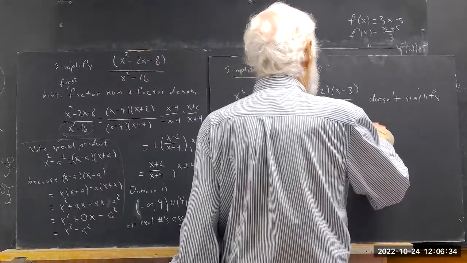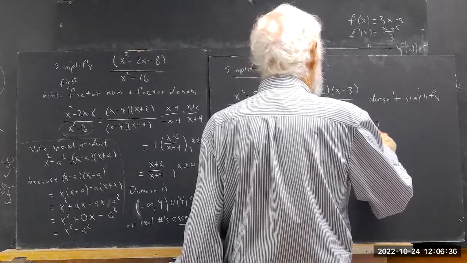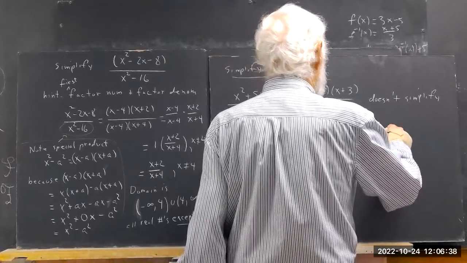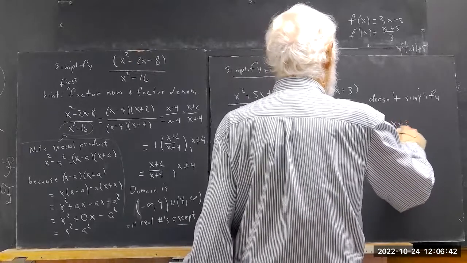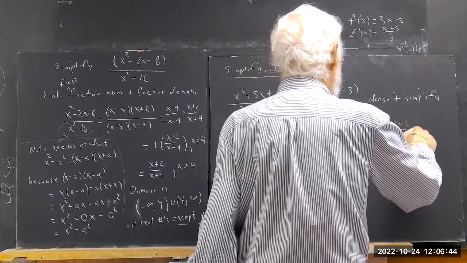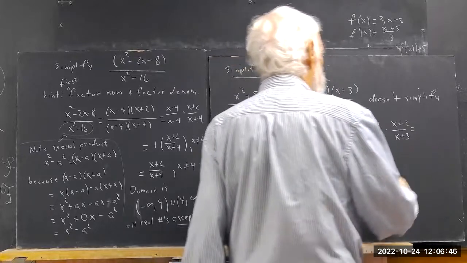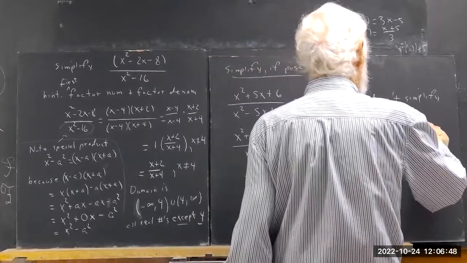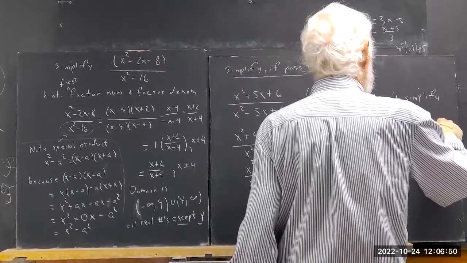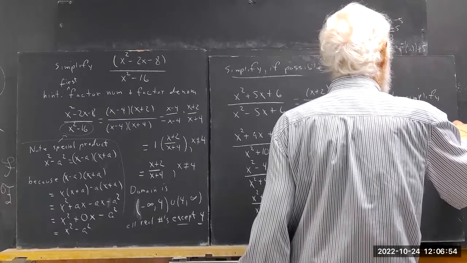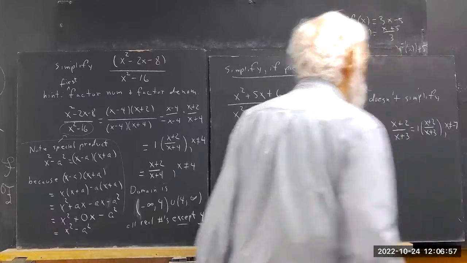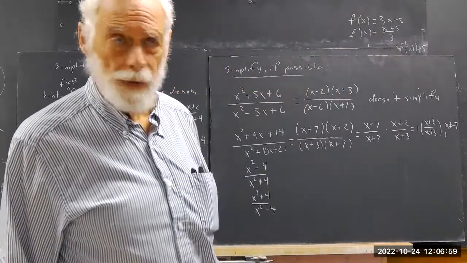So this could be written as x plus 7 over x plus 7 multiplied by x plus 2 over x plus 3, which equals 1 times x plus 2 over x plus 3, as long as x doesn't equal negative 7.